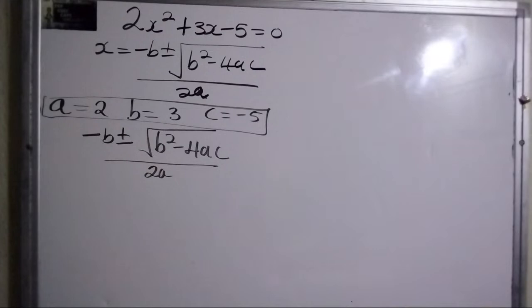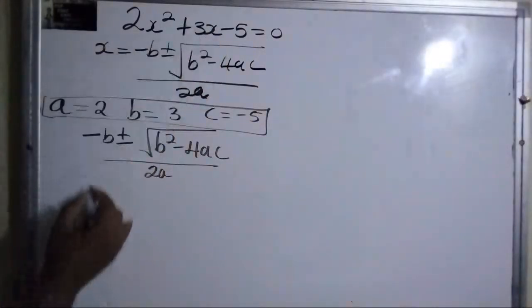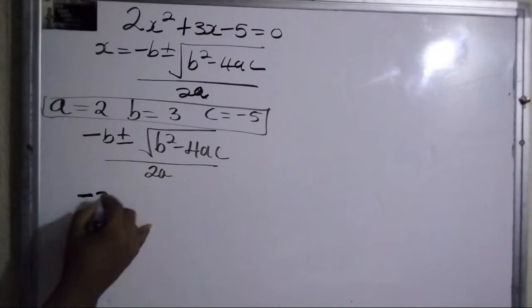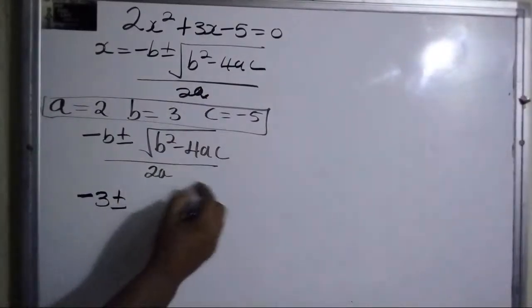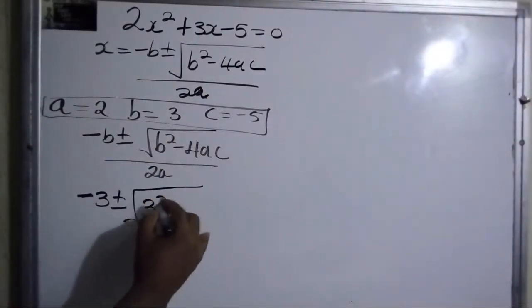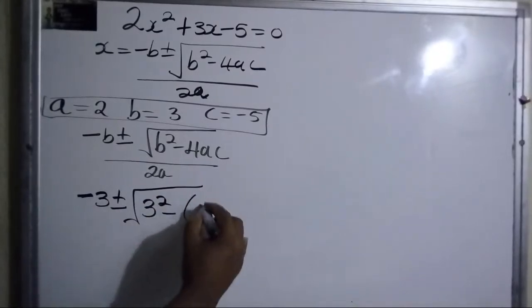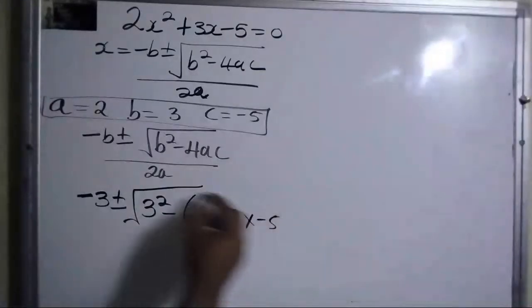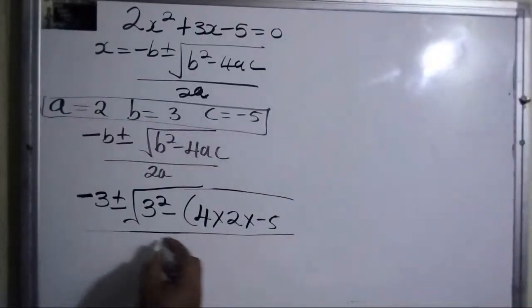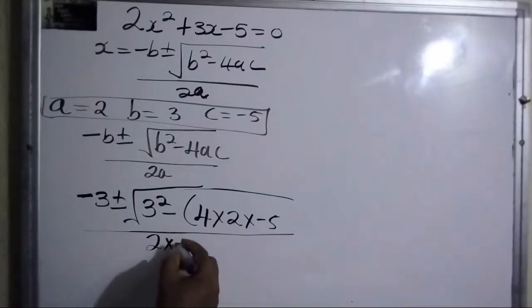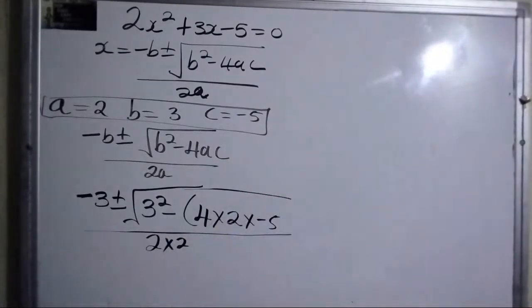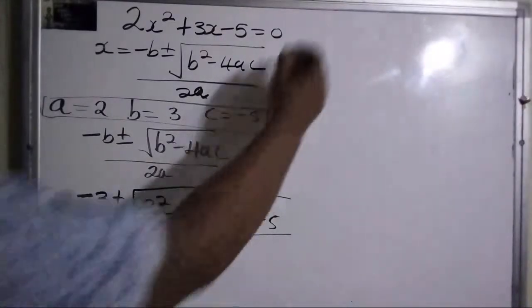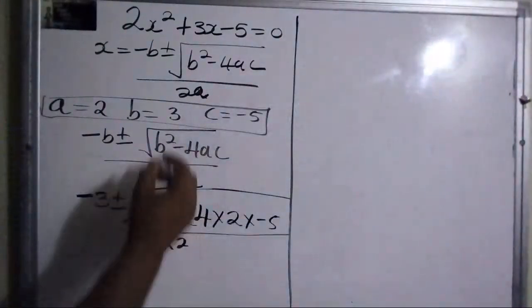So all we're going to do now is substitute the values in the equation. I'm deliberately writing it out many times so persons can see. B is 3, so we have minus 3 plus or minus the square root of 3 squared minus 4 times A. A is what? 2, and C is negative 5. So notice, we multiply by A and C, and then we have 2 times A, which is 2 times 2. Alright, we don't work anything out yet. Let us go up here, so how do we substitute in the values?